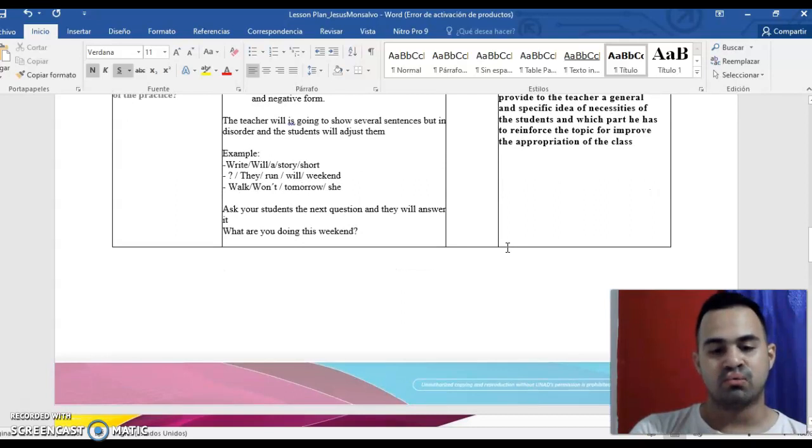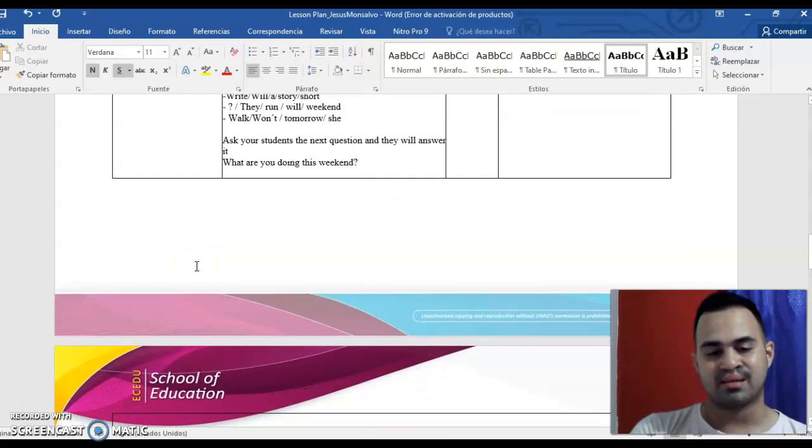The teacher is going to show several sentences, but in disorder, and the students will arrange them. Just like the examples, using the words write, will, a story, short, and the other questions that we are going to see here.